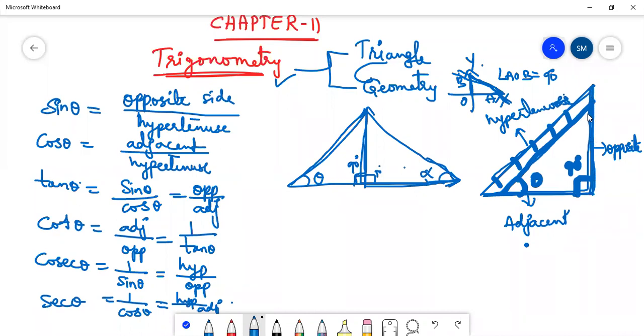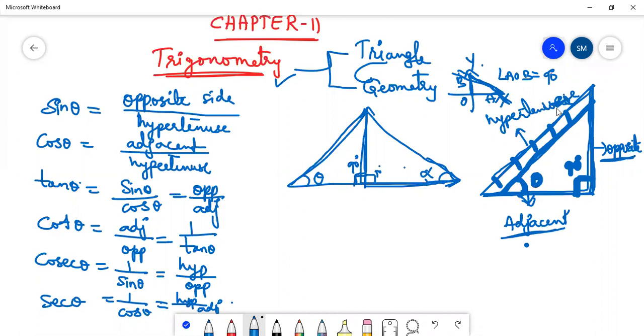In this, the vertical line is called the opposite side. The base, which is the floor, is called the adjacent side. The ladder is nothing but a slant line, which with the vertical axis and horizontal axis makes the triangle. That slant line is called the hypotenuse.